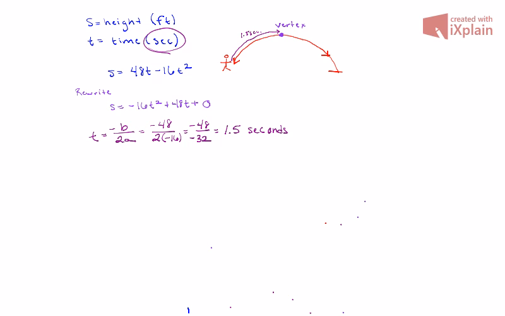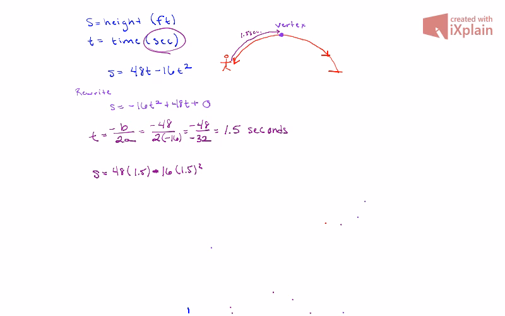Now I actually want to know the height of the ball. In order to find that, if I know what t is, why don't I put 1.5 in for it? Oops, that should be minus, my mistake, minus 16. And then 1.5 squared. Okay, so far so good.